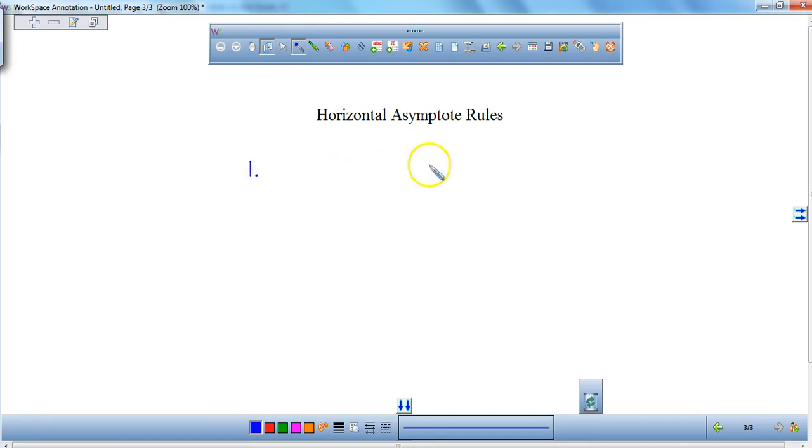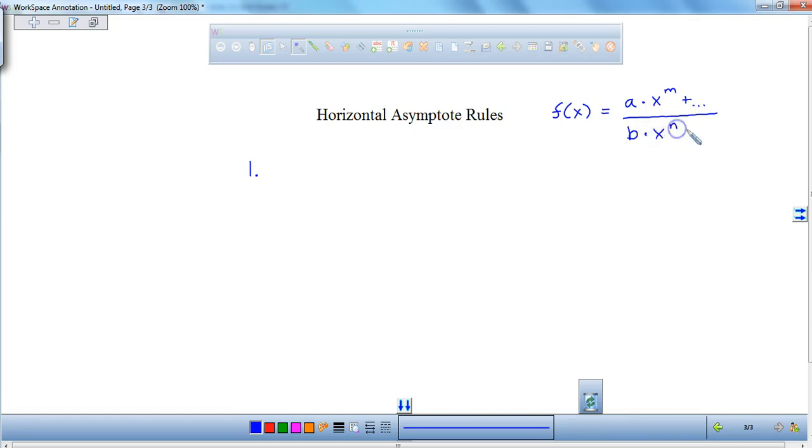Now let's pretend we have a function, any function. I'm just going to call it f of x, and that equals a times x to the power of m plus I don't care, divided by b times x to the power of n plus I don't care.